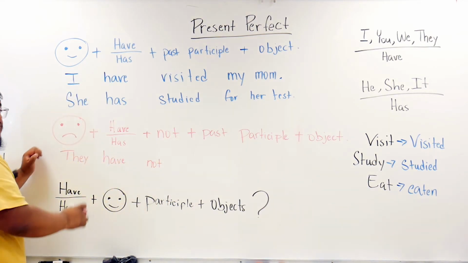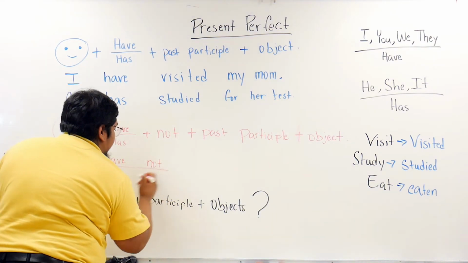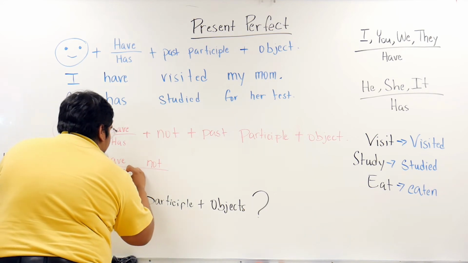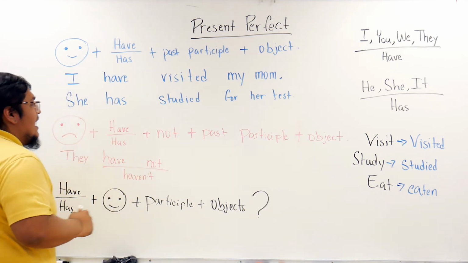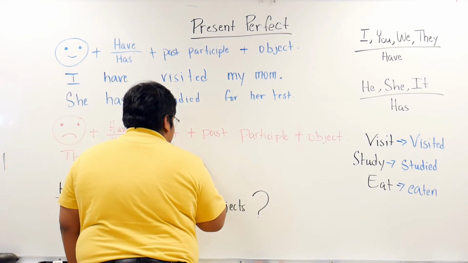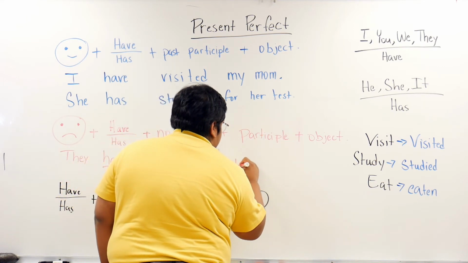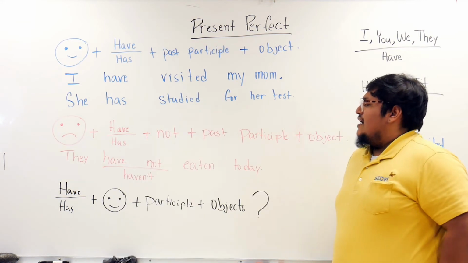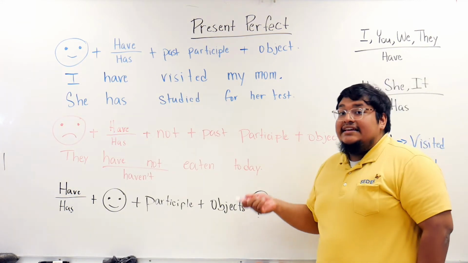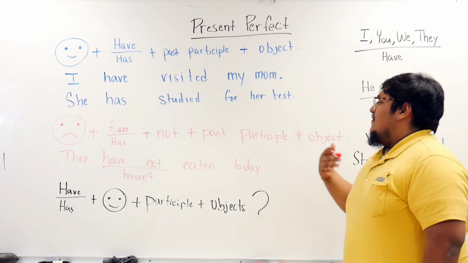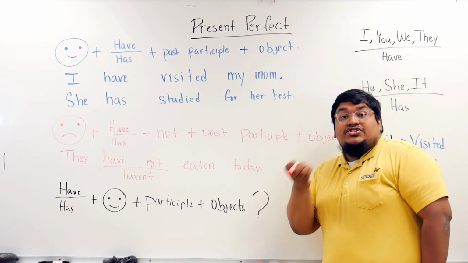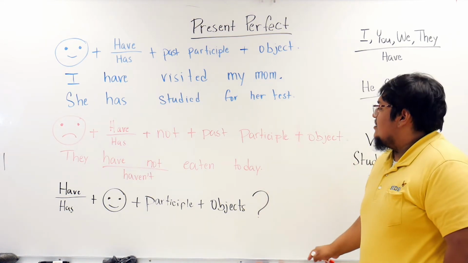Now remember, these two words can make a contraction. So it's they haven't. Okay? So they haven't, let's say, eaten. And we can say today. They have not eaten today, or they haven't eaten today. That means that they haven't had a chance to eat, right? So they haven't eaten today.